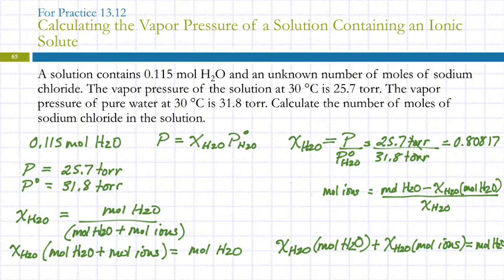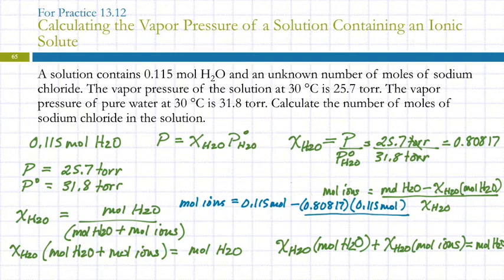Now I'm going to plug my numbers in. I'm going to change to a different color because it's getting a little confusing. So the moles of ions is equal to moles of H2O, 0.115, minus the mole fraction, 0.80817, times the moles, and that whole thing divided by the mole fraction.